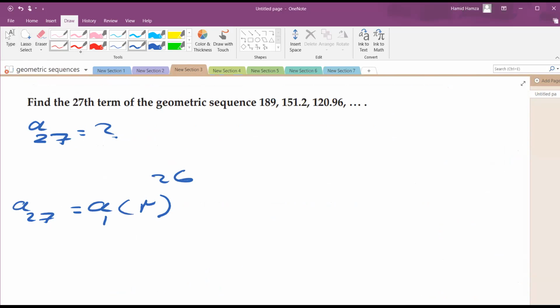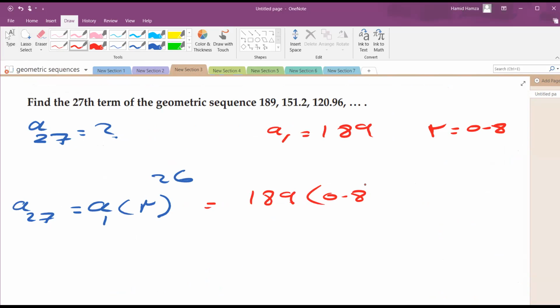So a1 in this sequence will be 189, and the common ratio is 0.8 from the previous question. So it will be a1, 189, multiplied by 0.8 raised to power 26.